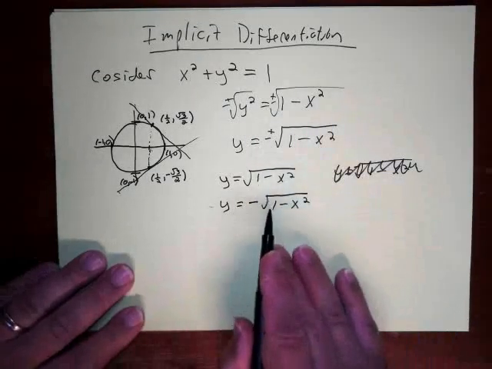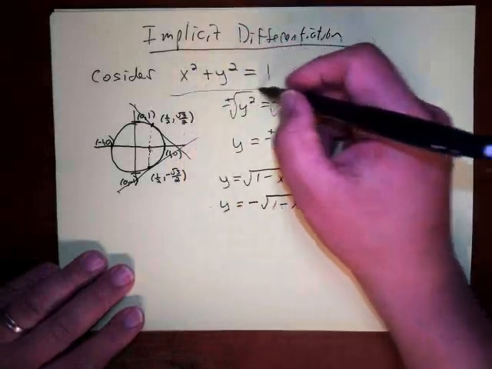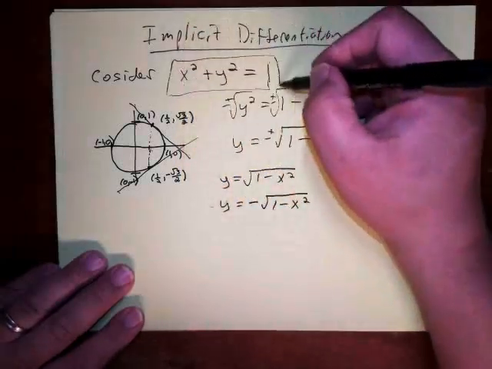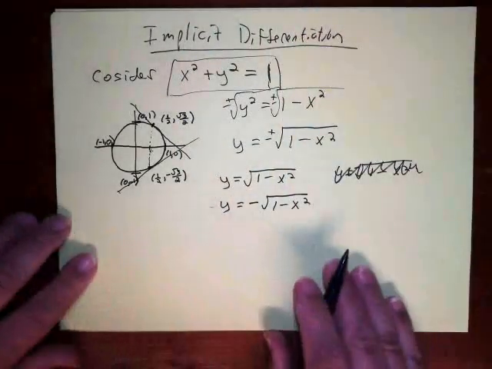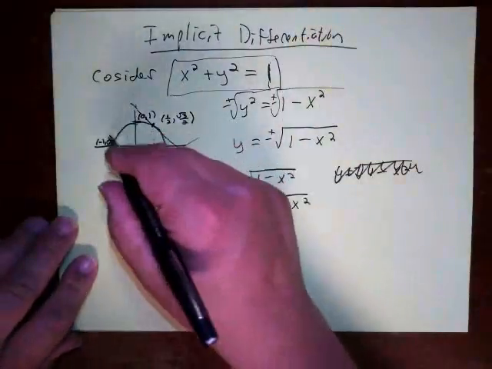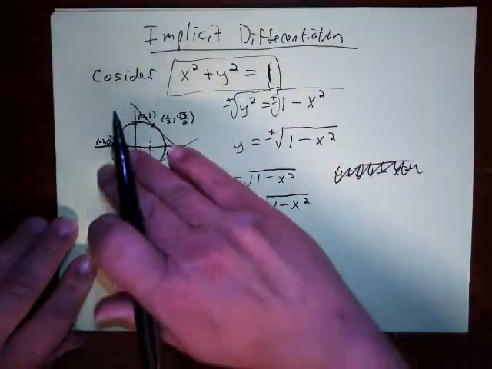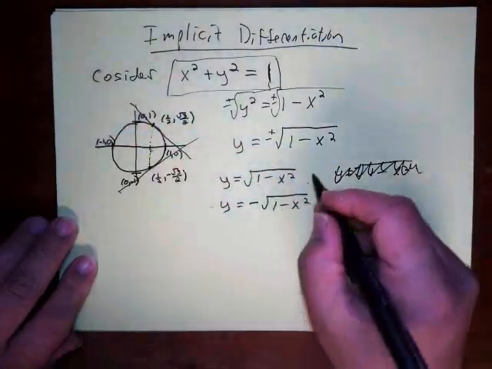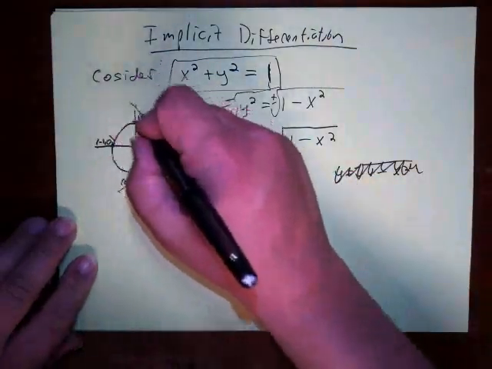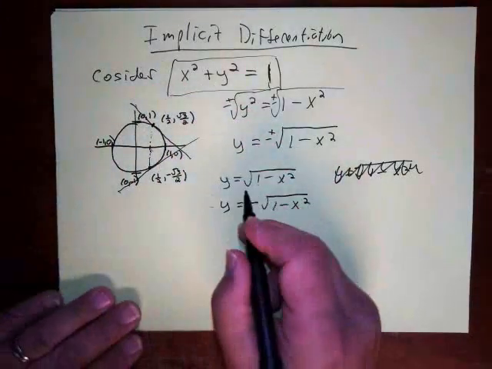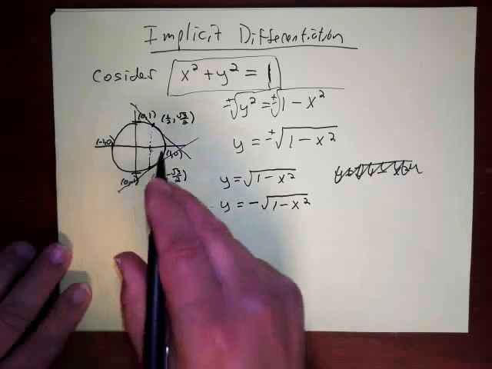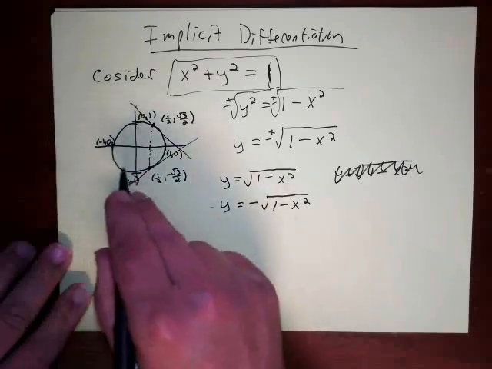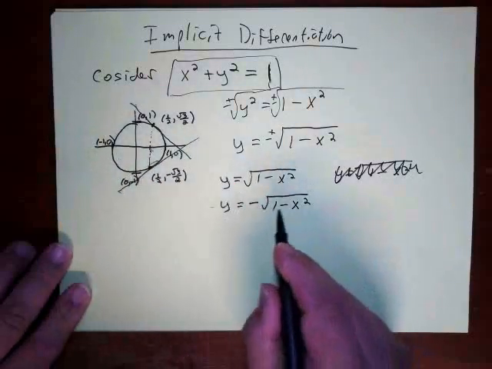Okay, so these 2 functions together form the entire graph here, and this is the top semicircle. So if I wanted to find the slope of this, I can ignore the other one, and I have this function, and then I can find the slope of this tangent line using this function.